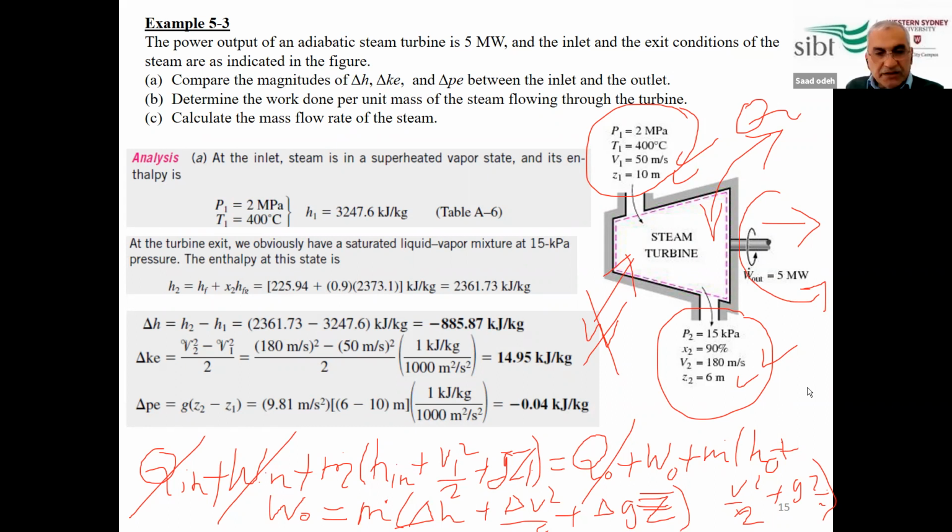Only the work represented by the change in enthalpy, change in velocity and change in potential energy. Okay, so this is my final equation. So I can use this equation and solve the problem. Right? Is it clear for everyone?